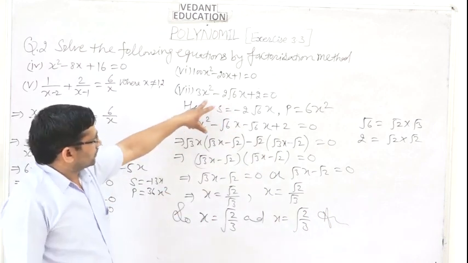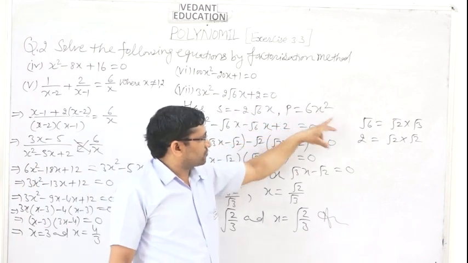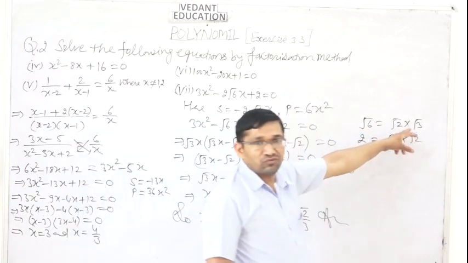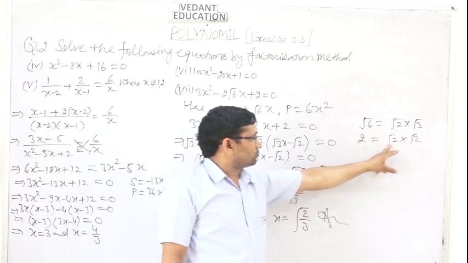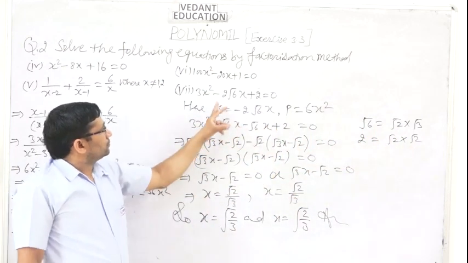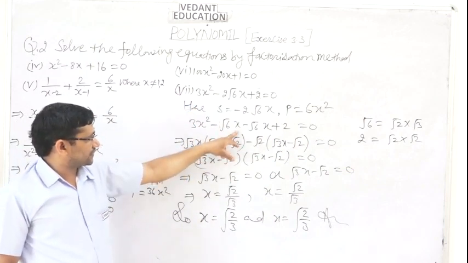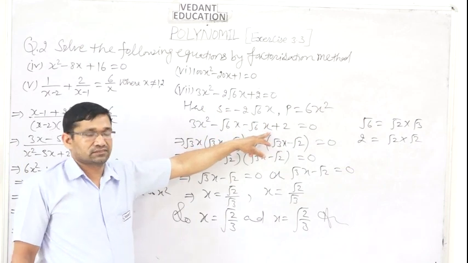So we use this method. Here sum is minus 2 root 6x and product is 6x square. Root 6 is equal to root 2 multiply root 3, and 2 is equal to root 2 multiply root 2. So we divide 2 root 6 into 2 parts, minus root 6x and minus root 6x.